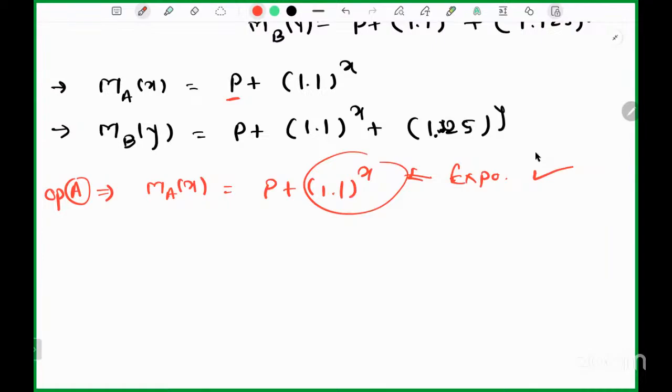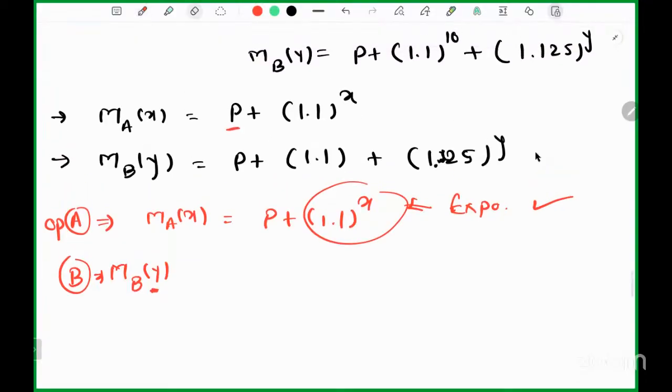Okay. Now option B is also correct in the same manner because option B is what? So MB of Y is what? So option B says that MB of Y is also a one-one function of Y. So this is also correct because here the variable is Y, right? Here X will be first fixed and then Y will be decided. I'm sorry, I have written X here, but it's actually 10.